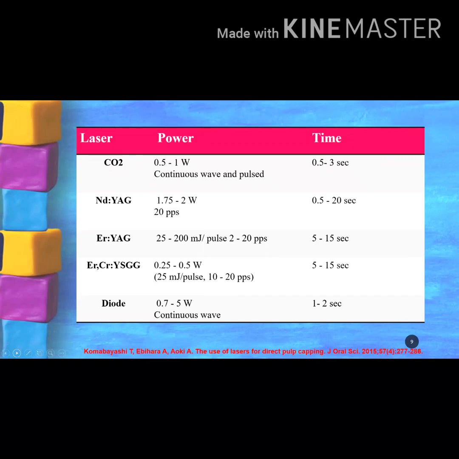Carbon dioxide, 0.5 to 1 volt continuous wave and pulse wave for a time of 0.5 to 3 seconds. Nd:YAG used at 1.75 to 2 volt with 20 pps, and for a time of 0.5 to 20 seconds.